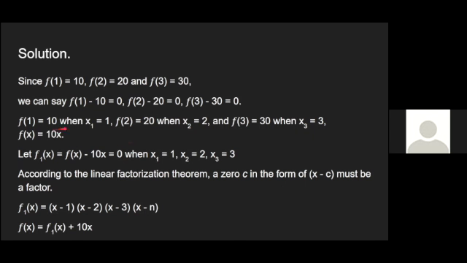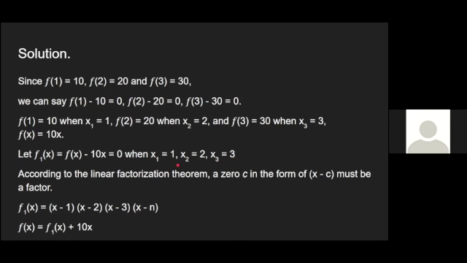So that means f(x) is actually 10x. So let f1(x) equal f(x) minus 10x, which equals 0 when x1 equals 1, x2 equals 2, and x3 equals 3.